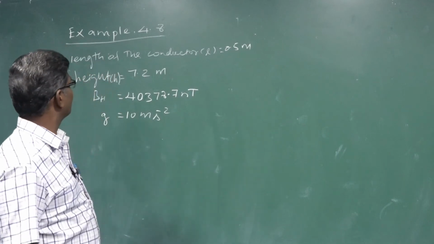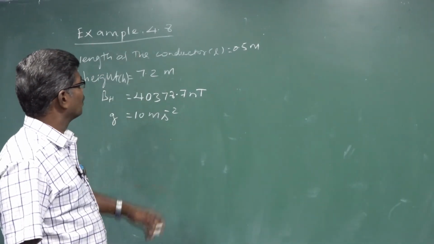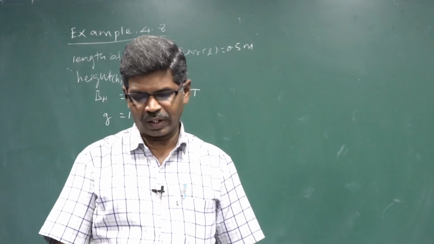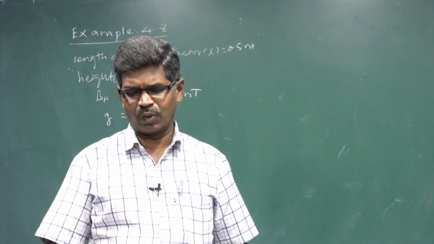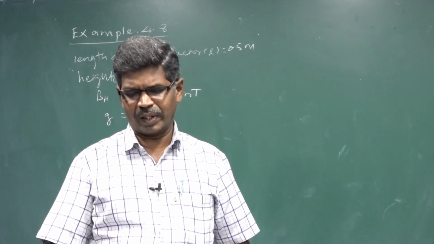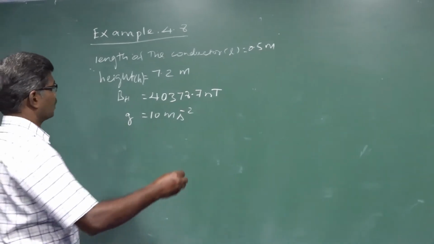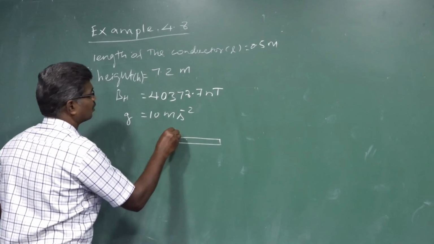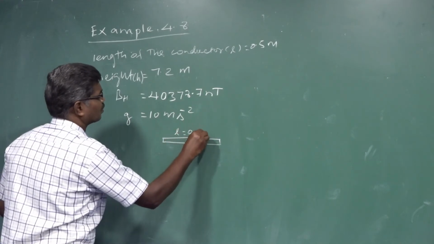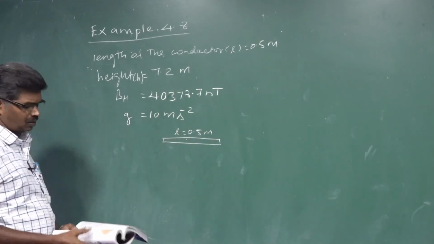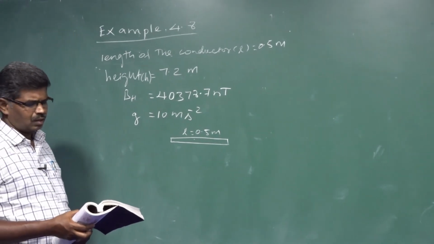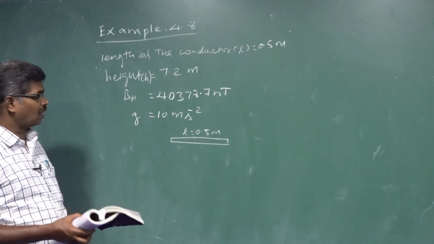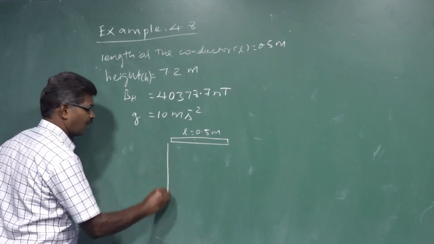Next, we are going to see example problem 4.8. There we have a question. You take your book and go through it. A conducting rod of length 0.5 meter, that conducting rod length is taken as half a meter, falls freely from the top of a building. So we have a building.